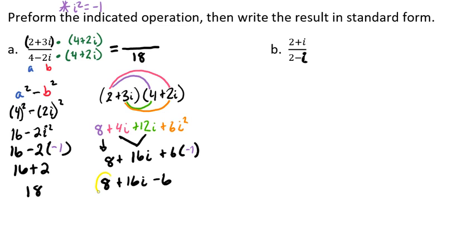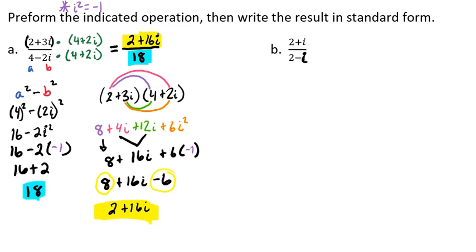And we can combine our 8 and our -6, and that's going to give us 2 plus 16i. And now we're going to take that and put it up on the numerator. So our denominator came from here, and our numerator is going to come from right here. So let's put that up there. So 2 plus 16i. And then we have to try and simplify.